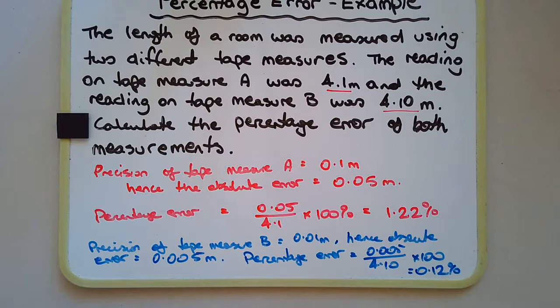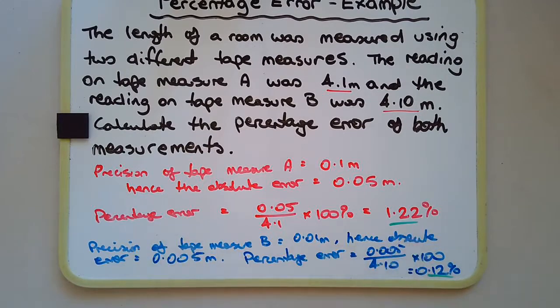So what does this imply about our measuring instruments? These are our two solutions. Obviously tape measure B is far more accurate. It is basically a tenth of a percent out, whereas with tape measure A, I'm a bit over 1% out.